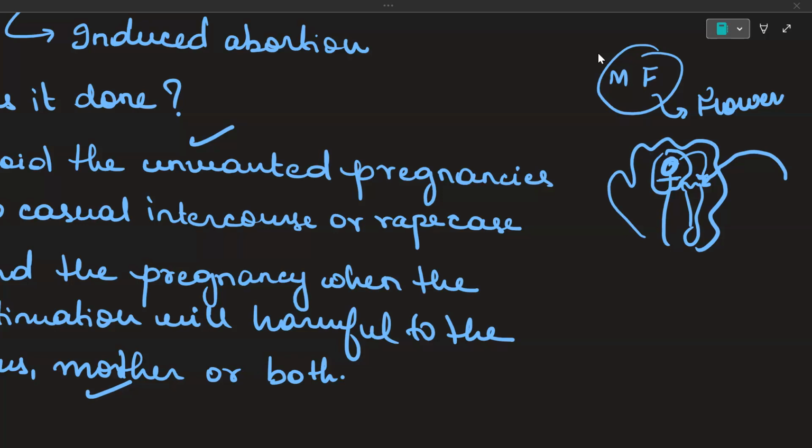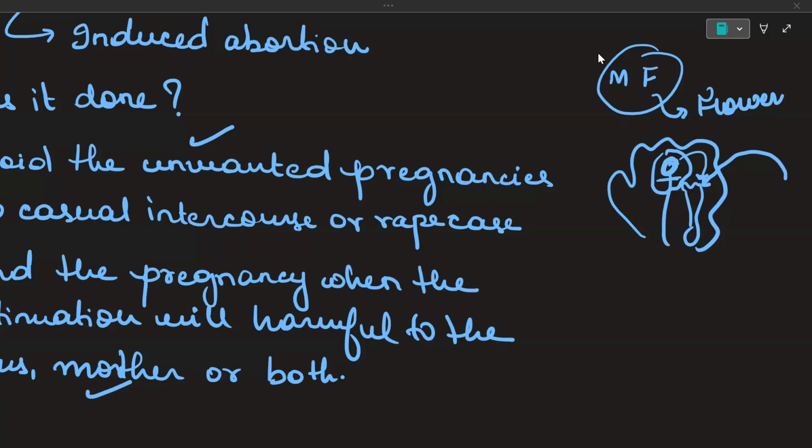Now you tell me, what is the physical barrier method of contraception? There are three types of barrier methods. The first one is condoms, which are used in both females and males.